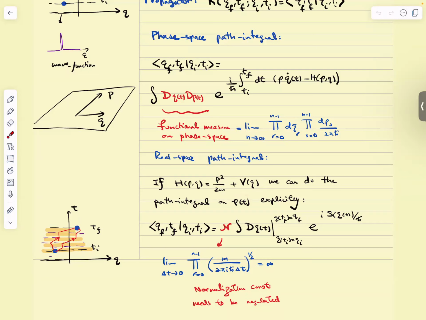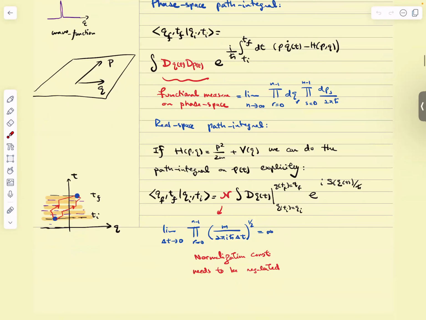If you plug that p squared term in up here, you could perform the path integral over p explicitly, because these are just Gaussian integrals. By a shift of variables, you perform the integral, and you end up with this normalization that is awfully divergent. We talked about this, right? But in this lecture, because I don't want to write this over and over again, I write this as sigma. I'll define it when I say it, right?